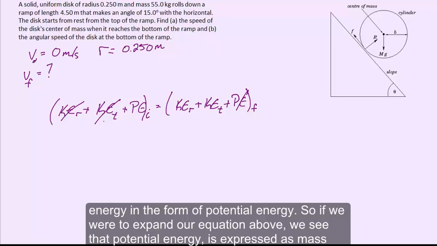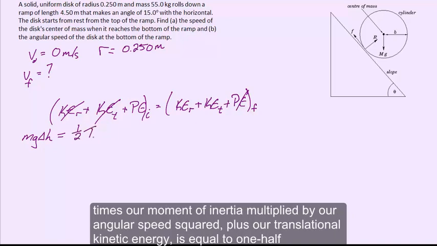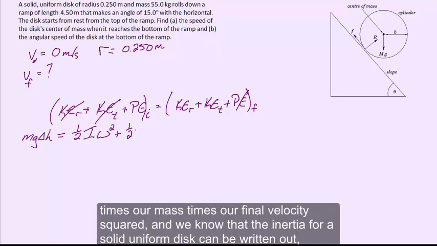So if we were to expand our equation above, we see that potential energy, expressed as mass times gravity times our change in height, is equal to our rotational kinetic energy, which can be expressed as 1/2 times our moment of inertia multiplied by our angular speed squared, plus our translational kinetic energy, which is 1/2 times our mass times our final velocity squared.